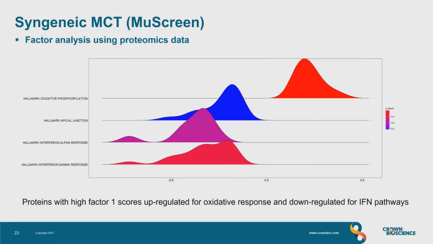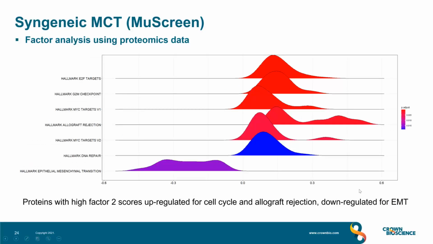So we performed a factor analysis and identified several factors associated with drug response. For example, proteins with high factor 1 scores are upregulated for oxidative response and downregulated for interferon pathways. On the other hand, proteins with high factor 2 scores are upregulated for cell cycle and allograft rejection, and downregulated for EMT.